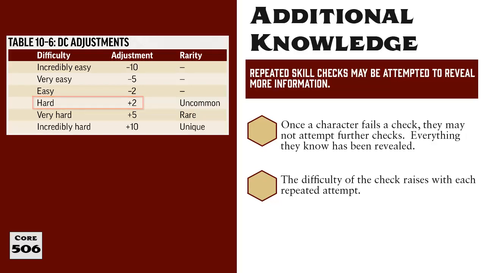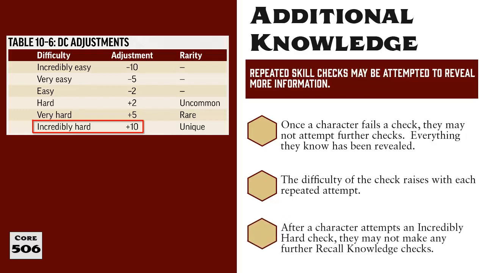If they succeed, they can make a third check at +5. If they fail that check, they're done. But if they succeed, they can make one last check at incredibly hard difficulty with a +10 DC. This is the last check that they can make. Regardless of success or failure, after they make this check, the GM will have revealed all the information they know about this creature.